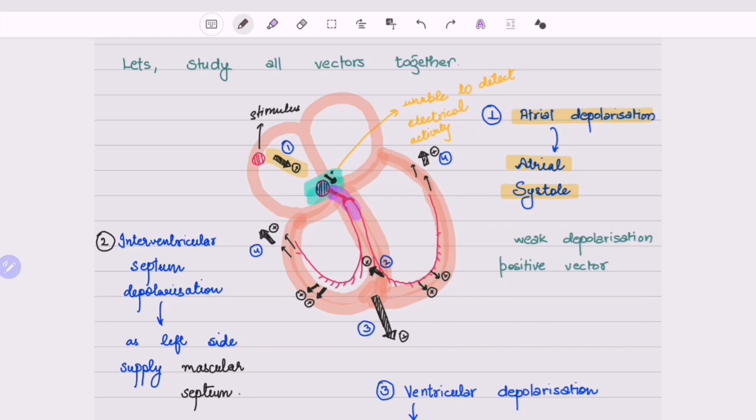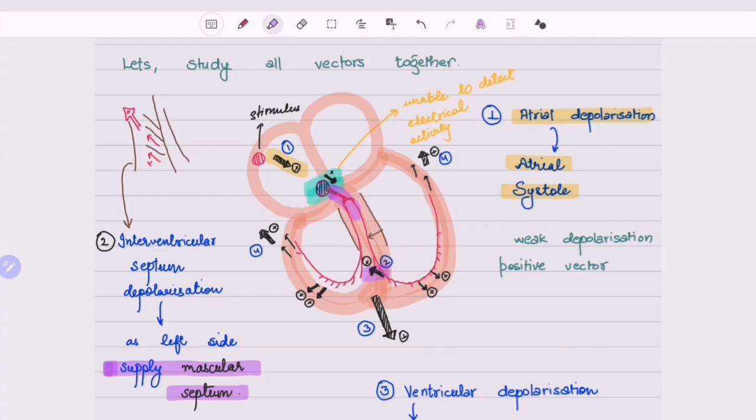The interventricular septum is supplied by the left side of the fibers, which depolarize the muscular interventricular septum, forming a positive vector towards the right and upper side.